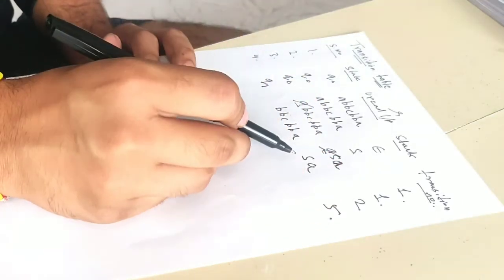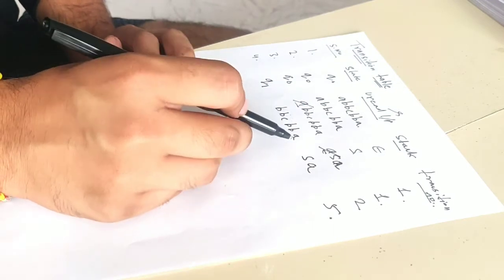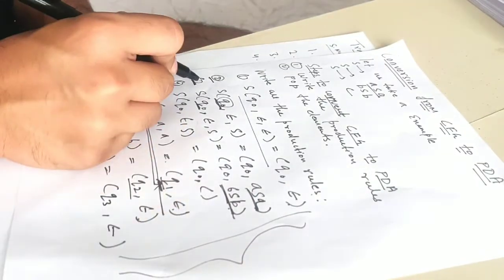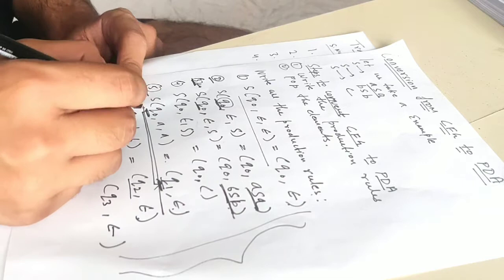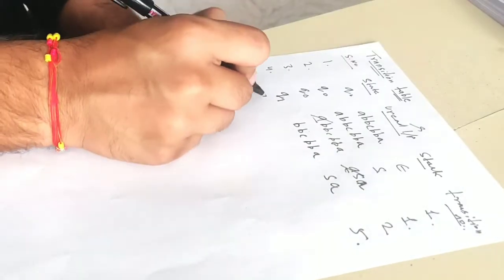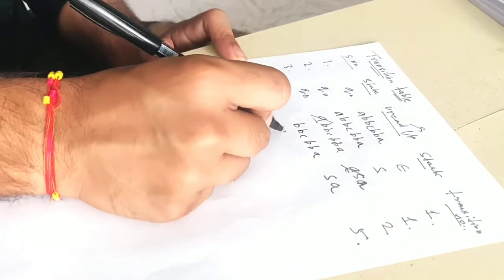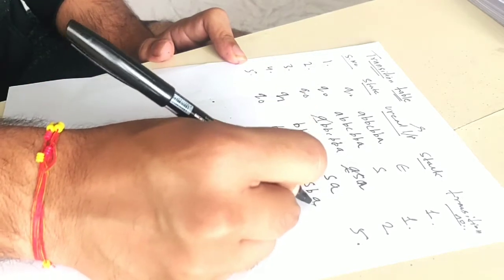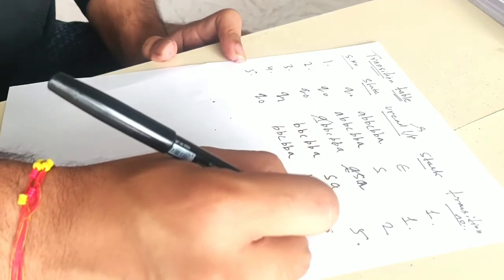Now in place of S, we are writing BSB. BSB is the third transition, and the state changes to Q0. So in place of S we are writing BSB, and now again the state changes from Q1 to Q0, and the transition changes from 5 to 3.